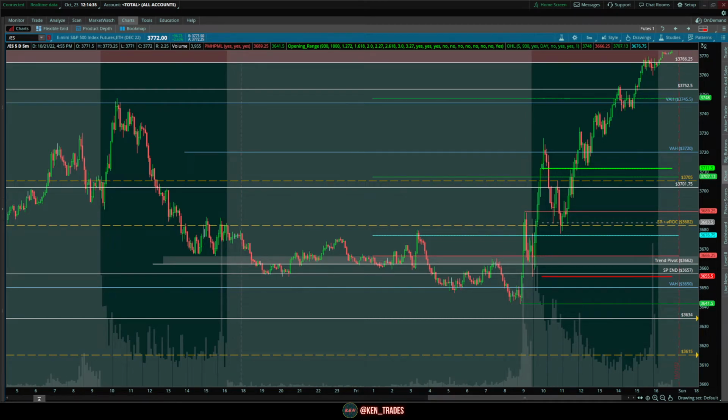That's only for eval though. When you have a funded account, that doesn't apply. Above the threshold, it doesn't have that trailing thing anymore.